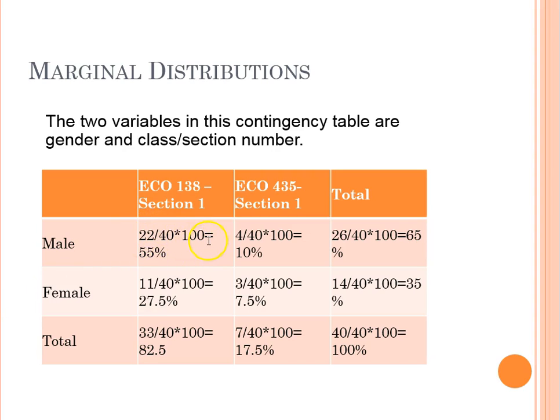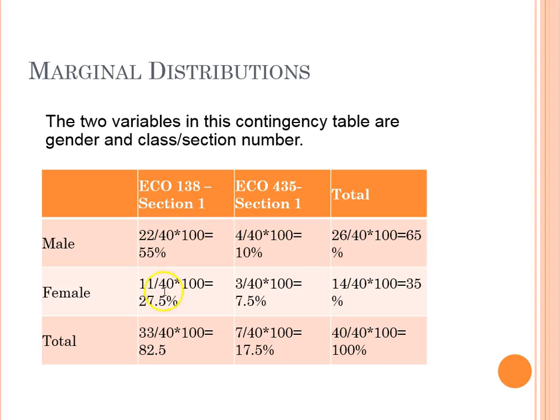Again, you're going to divide by the total number of students. Here in the very bottom corner is the total number of students that I have. That includes both graduate and undergraduate, male and female students. And this is the denominator in each of these cells.